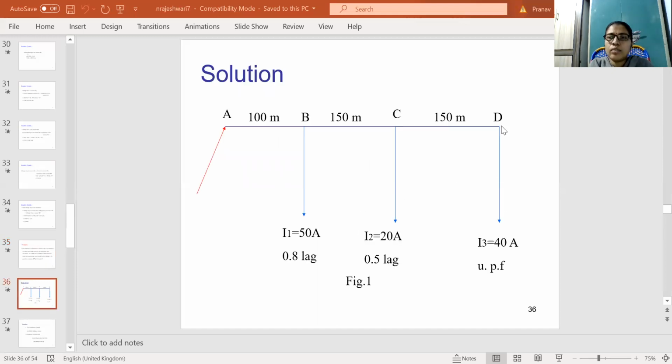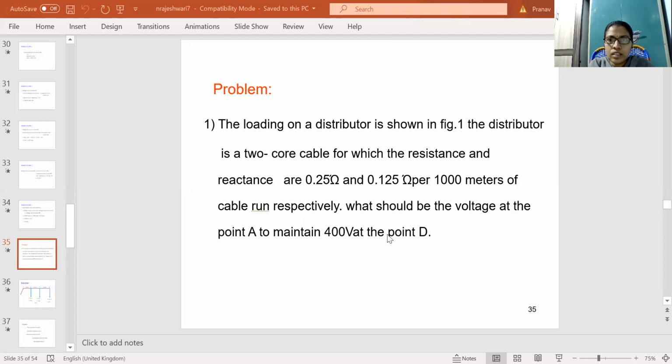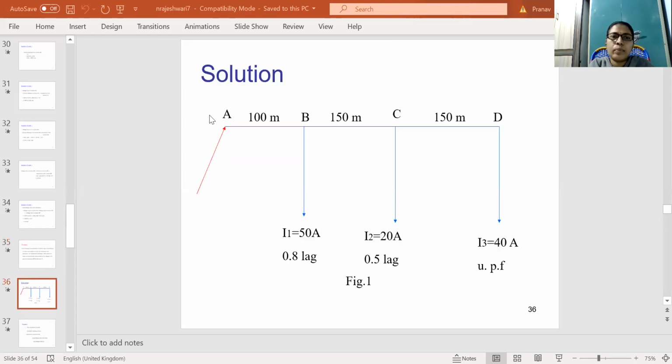So here, to maintain 400 volts, what must be the voltage at point A? We have to find the voltage at A, given that the voltage at D is maintained at 400 volts.